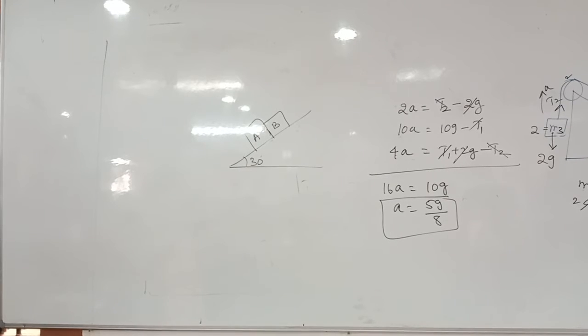5 and 3, na, I said, 8. What is the acceleration? 4 or 14? mg sin 30 only, no? 5 meter per second square.